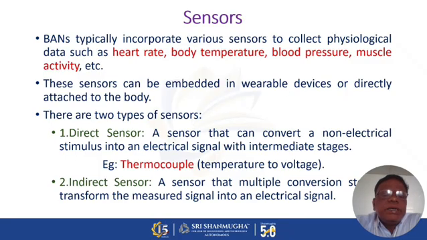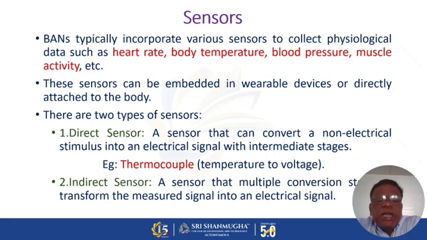There are two ways a sensor can be adapted. One is the direct sensor, another one is the indirect sensor. In the case of a direct sensor, it can convert the non-electrical stimulus to an electrical signal without intermediate stages.